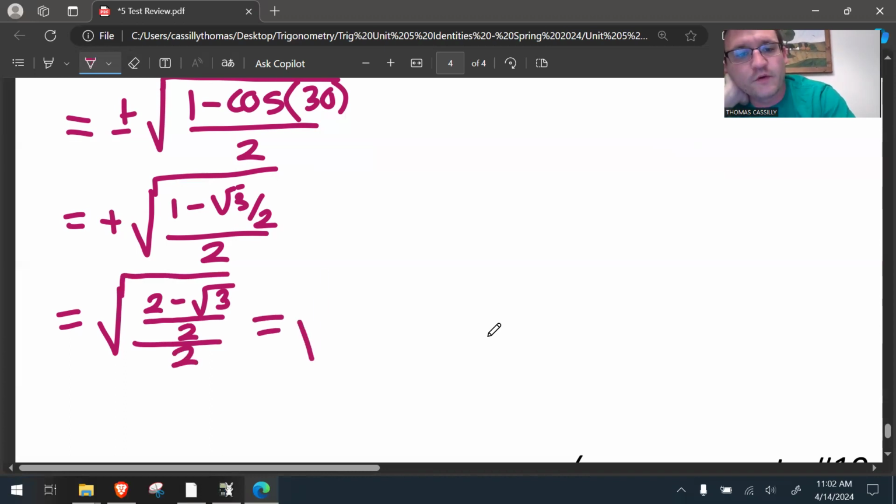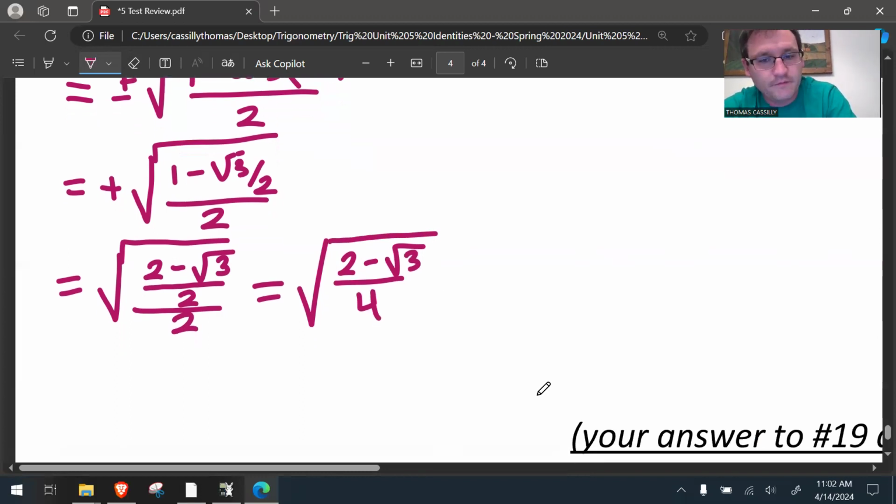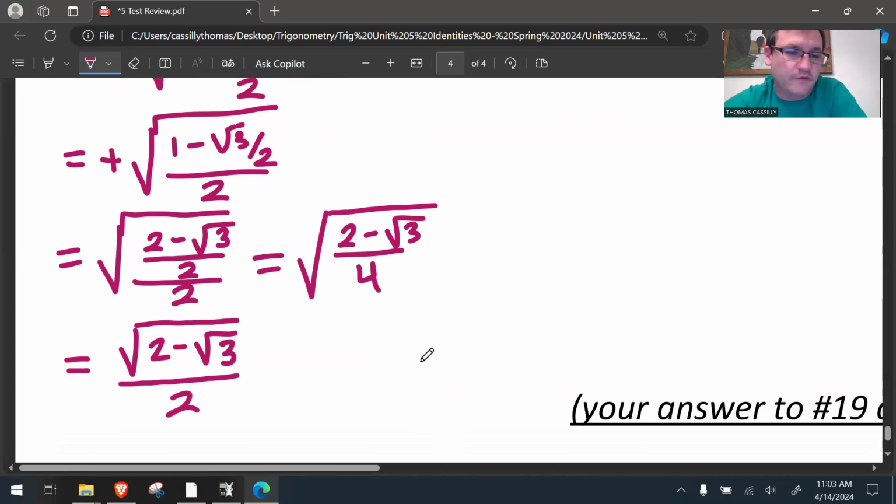So it gives us the square root of 2 minus square root of 3 over 4. And if we wanted to simplify that further, we're going to have the square root of 2 minus the square root of 3 over 2.